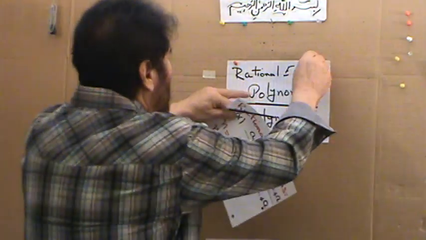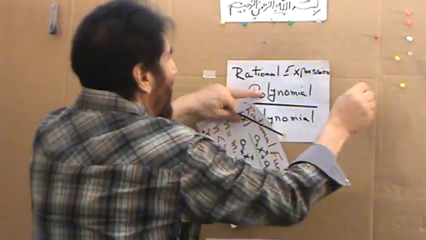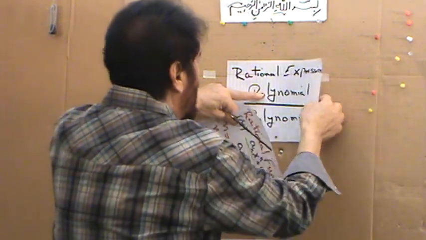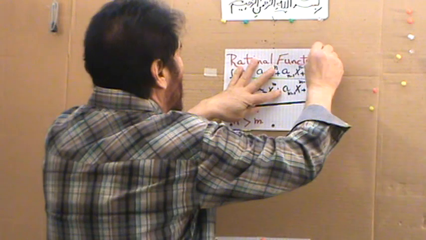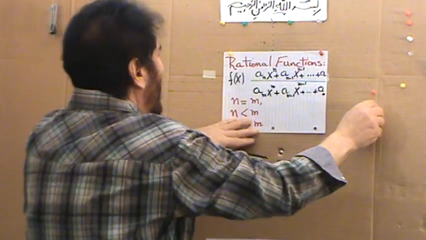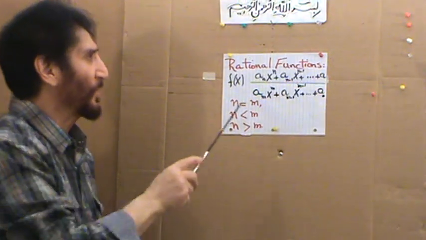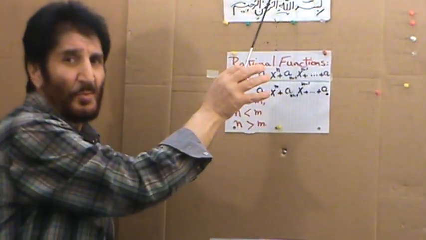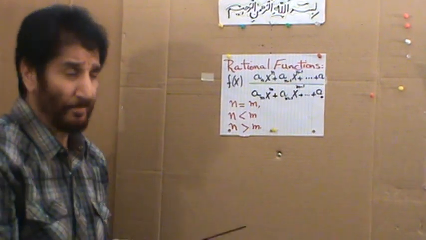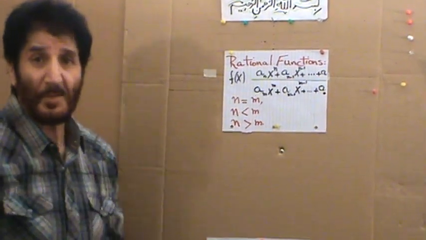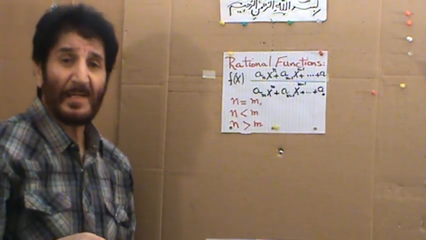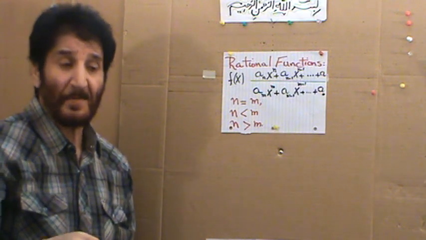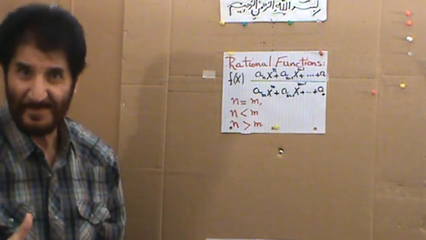Now, let's talk about rational functions and the relation of the degree of the polynomial in the numerator and the degree of the polynomial in the denominator. What role do they play? Again, a rational function is a function in the form of a fraction, where the numerator is a polynomial and the denominator is a polynomial. The degrees of the numerator and denominator play a very important role in rational functions as far as the graph is concerned.